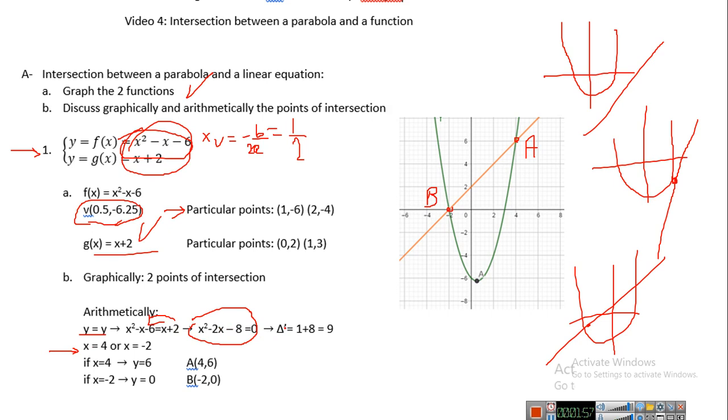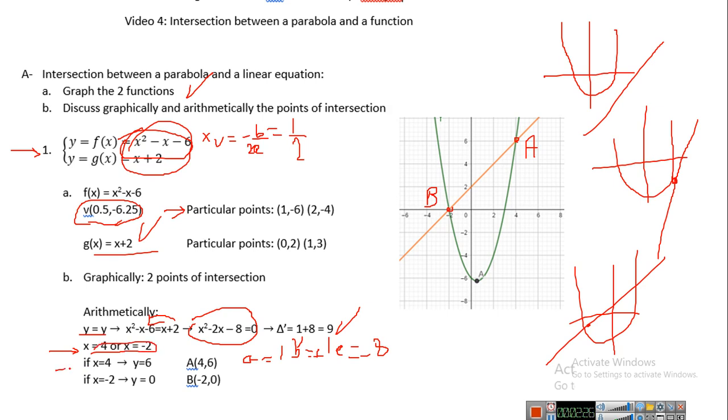If not, you do delta prime, which is equal to b prime squared minus ac, because a is 1 here. B prime is minus 1, and c is minus 8. So delta prime equals 9. So you have two roots, 4 and minus 2.